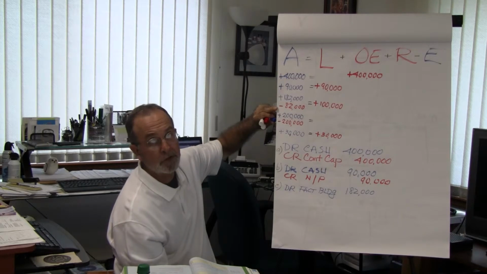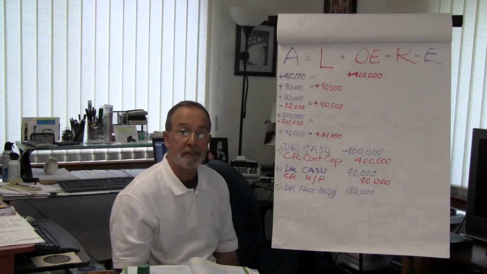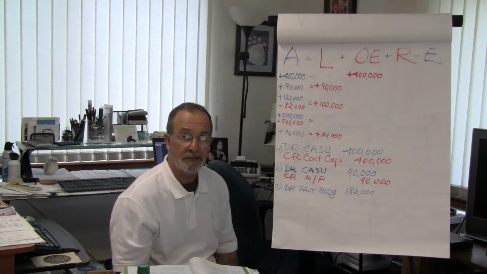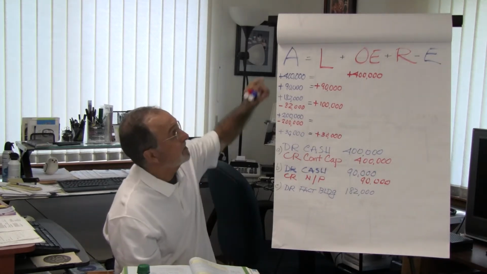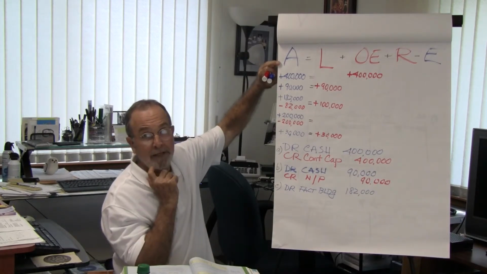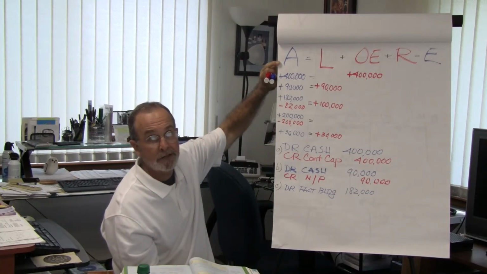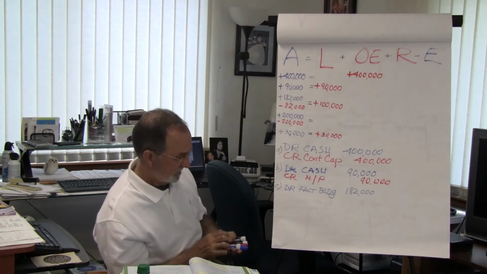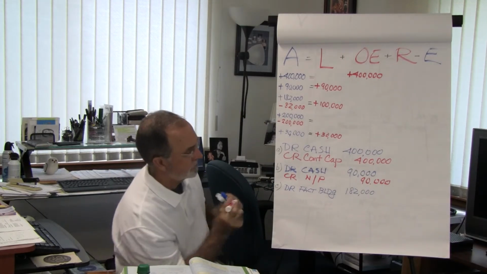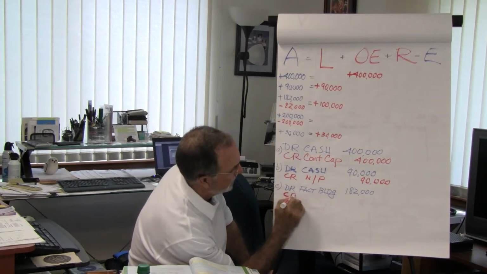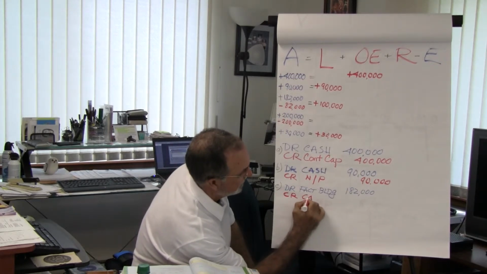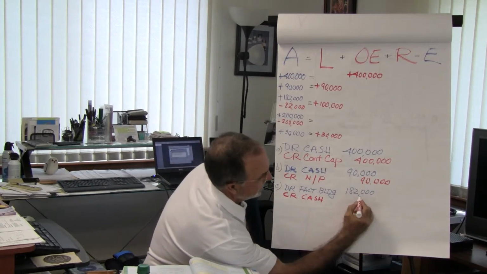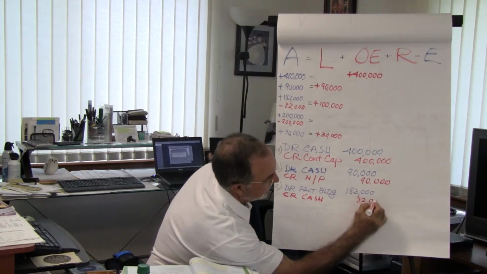We made a cash payment of $82,000, so we are subtracting from the asset cash. Cash is a debit account. We add to assets with a debit. We subtract from assets with a credit. So since we are paying cash, we are crediting cash in the amount of $82,000.